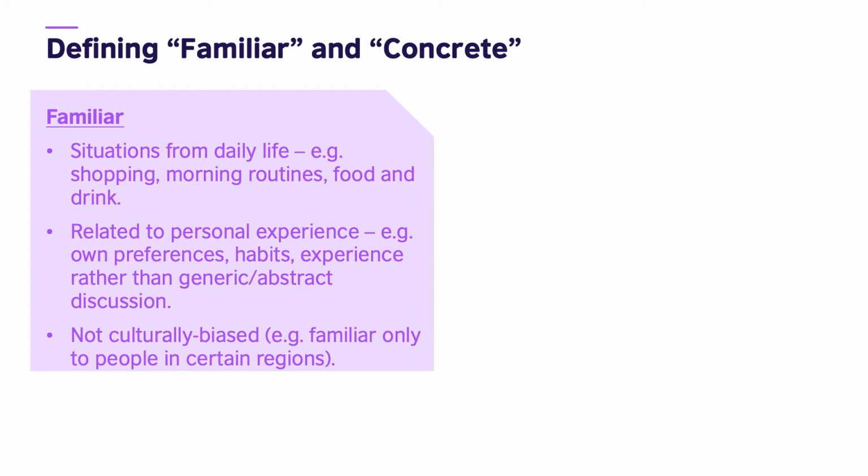It should also be related to personal experience. Morning routines could be discussed in a broader or more abstract sense, for example, the argument that teenagers should start school later in the day. But at lower levels, it's purely restricted to the personal domain, for example, the personal habits of the speaker or writer.